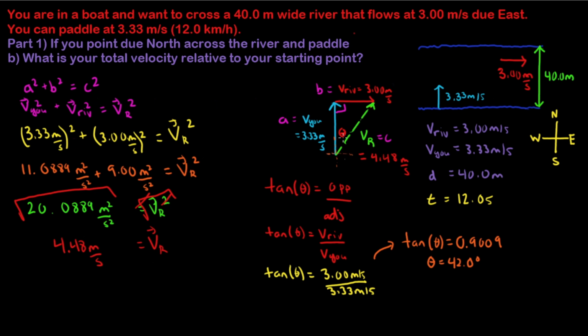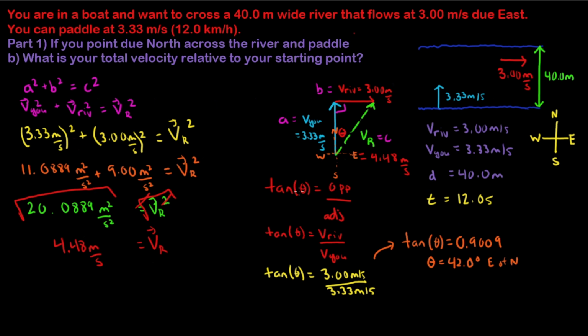And now to get the direction, I usually suggest making a small compass on the question. So this angle here that we just found, this is our north and this is our east, south, west. This angle is towards the east from the north. So it's 42 degrees east of north.